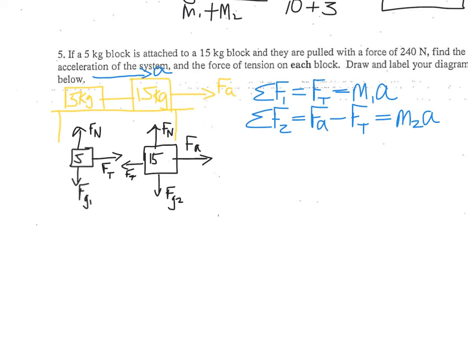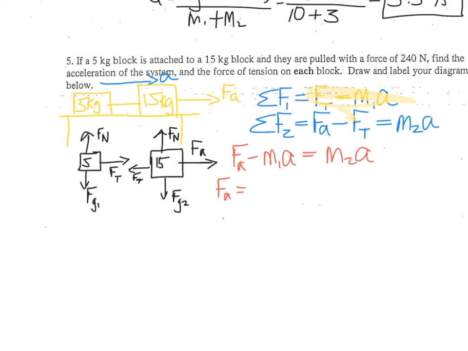I would go through, use the same old lovely substitution, plug that guy right into here, and solve. So let's do that. And we wind up getting applied force, we're going to subtract our tension force, which equals M1A, and we're going to set that equal to M2A. Now all we have to do is rearrange and solve.